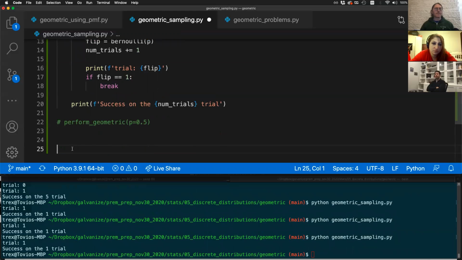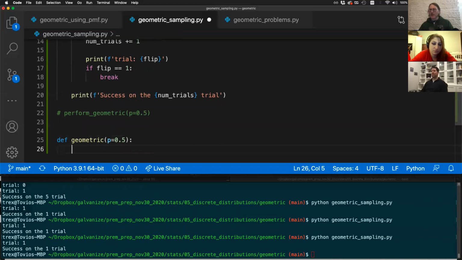And say, I'm just going to define another function that doesn't look much different than that. And again, this is kind of our sampling approach. If we're observing something and sampling it in this way, right, we're seeing failure, success, failure, success.